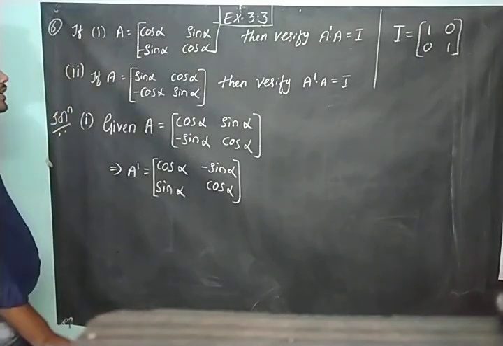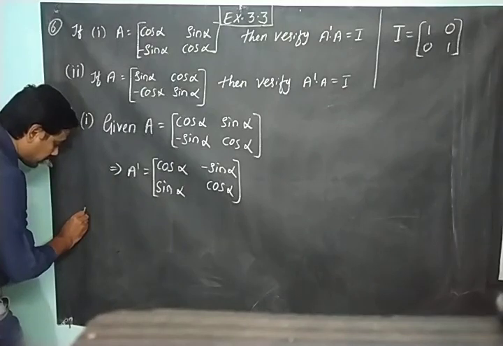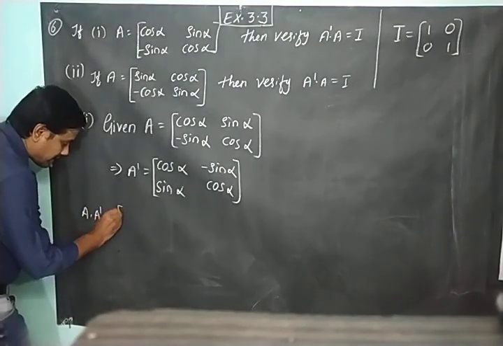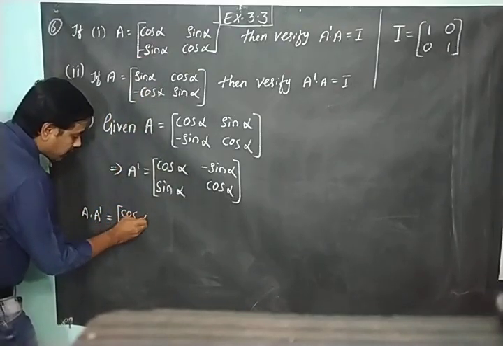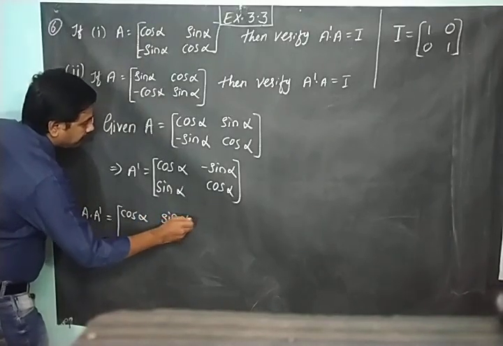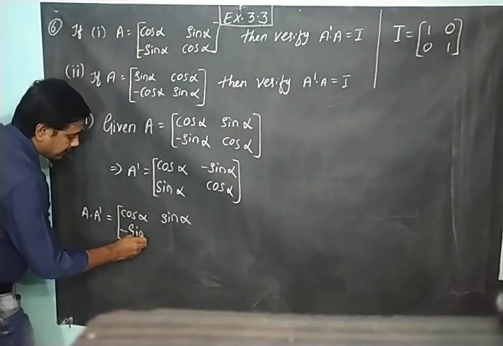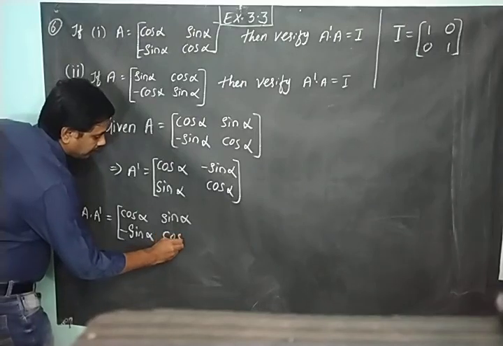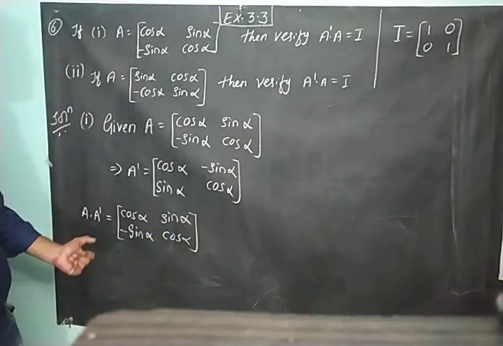Now the LHS is A into A transpose. What is A? It is given as [cos alpha, sin alpha; minus sin alpha, cos alpha], right? So this is the given one. And what is A dash?